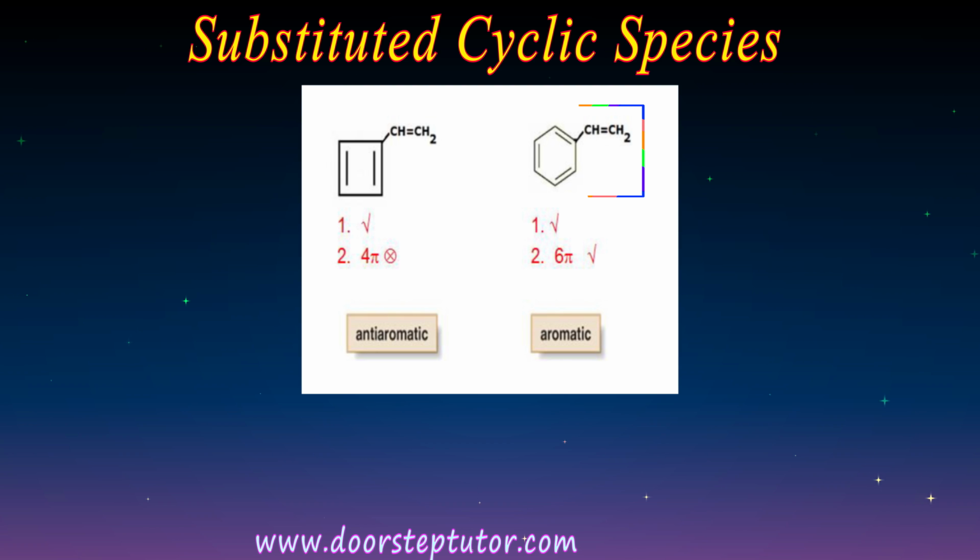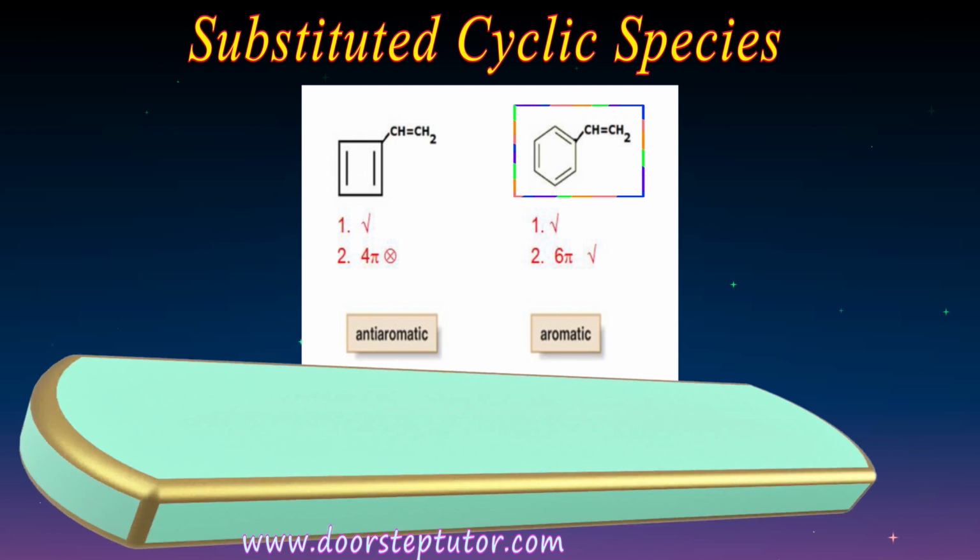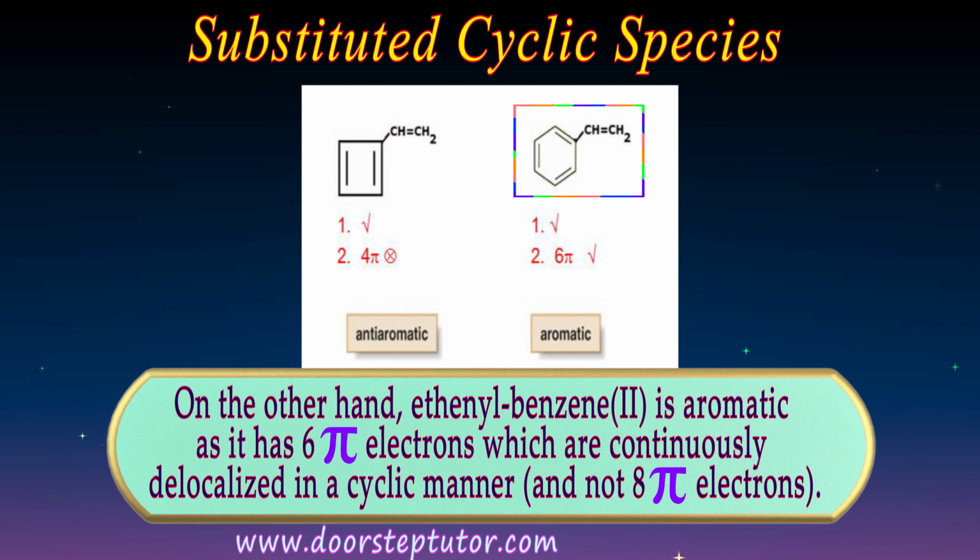Now the second compound, ethynyl benzene, is aromatic. Why? Because it is fulfilling both conditions: it is cyclic, planar, has conjugated delocalized bonds, and it also fulfills the Huckel rule. So we have talked about substituted cyclic species and aromaticity.